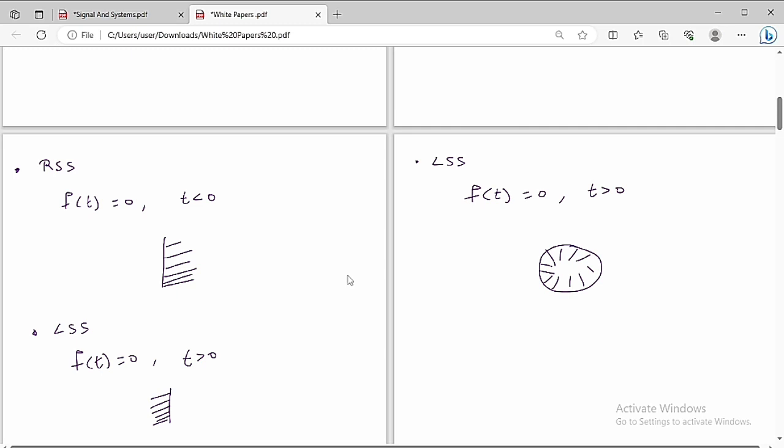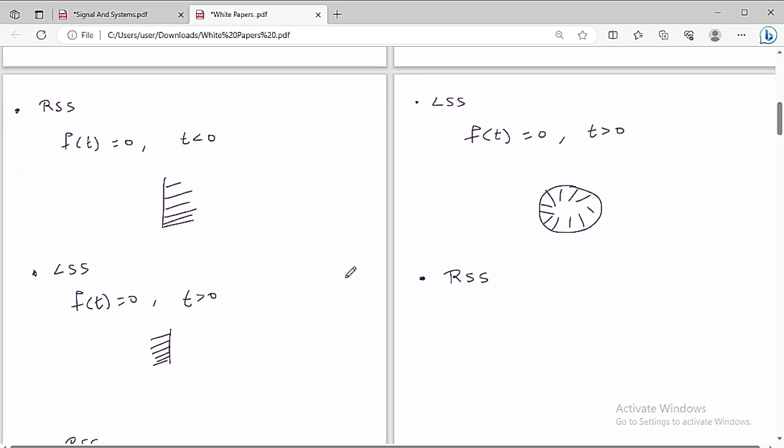So finally, I can tell you the point. If it is a right-sided signal, meaning f of t is equal to 0 for t less than 0, or f of n is equal to 0 for n less than 0, then it is the right side of the S-plane, or we can say it is outward of a circle.